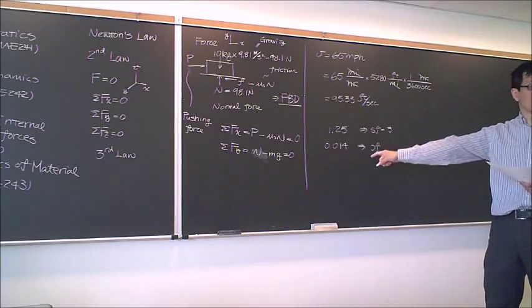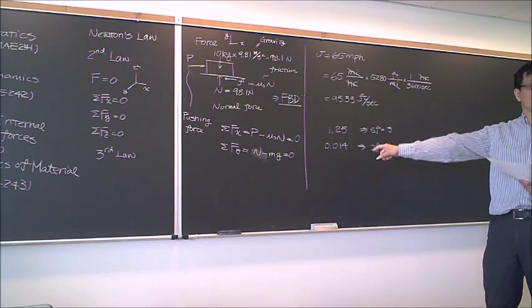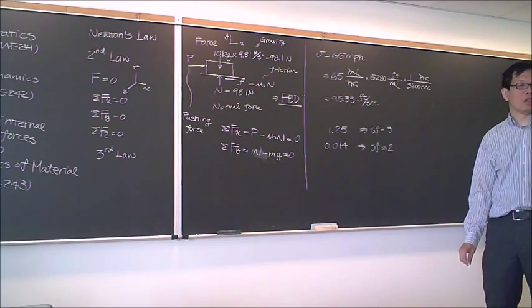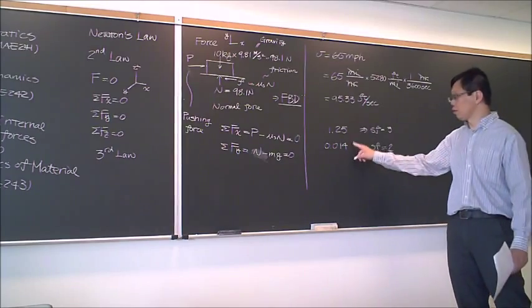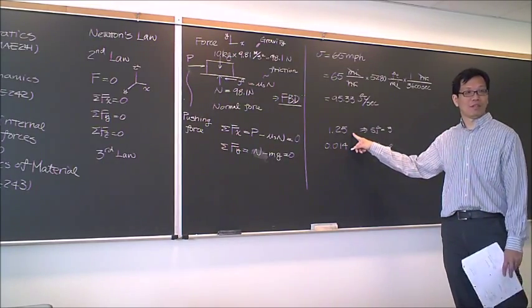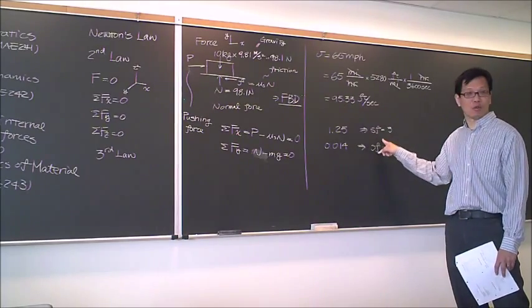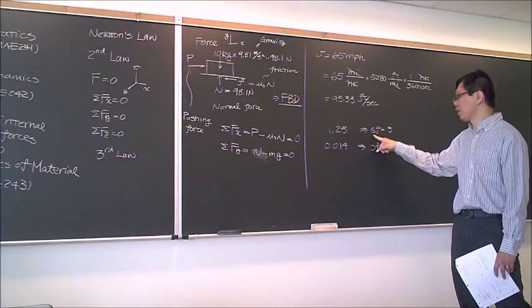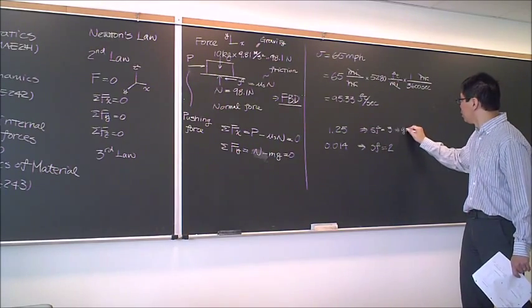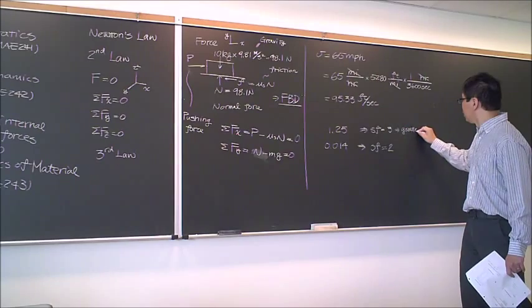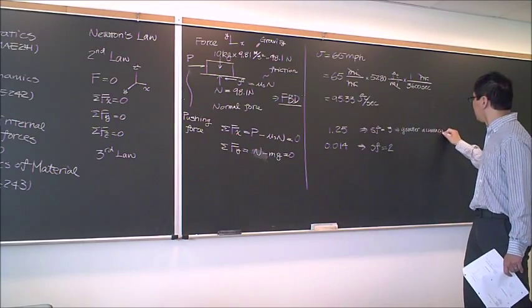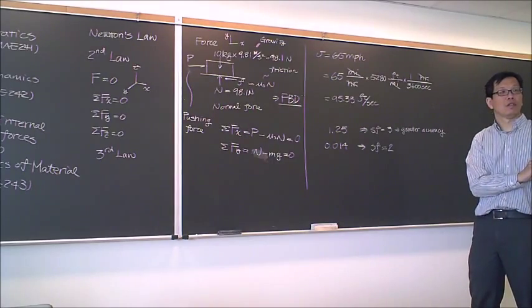What is the significance figure of this one? 2. So which one has greater accuracy? This one or this one? By definition, this one has greater accuracy because the significance figure is 3. So this is greater accuracy. Okay?